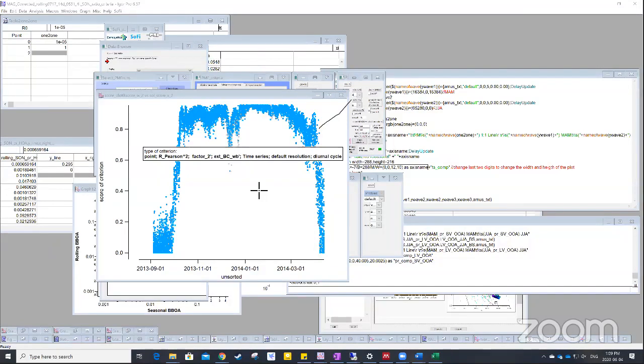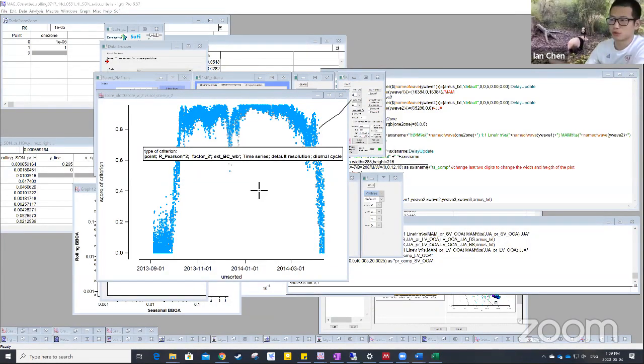But maybe the reality is that this bootstrap has limitations. It does not sample small enough to capture the variabilities of these correlations. That could be the problem.